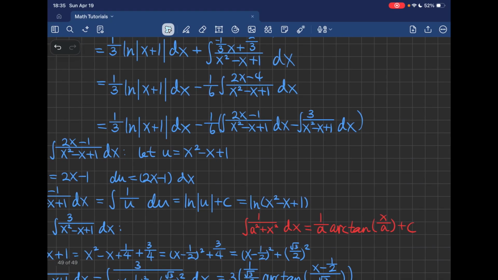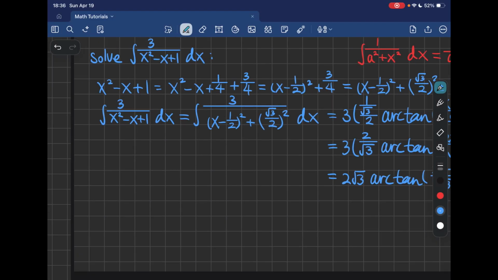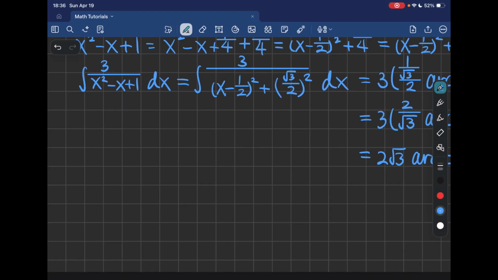So we need to substitute what we got for that and what we got for that, and assemble all of this together and plus c in the end. So just be very cautious, don't make an error in there. So let's rewrite the original integral.